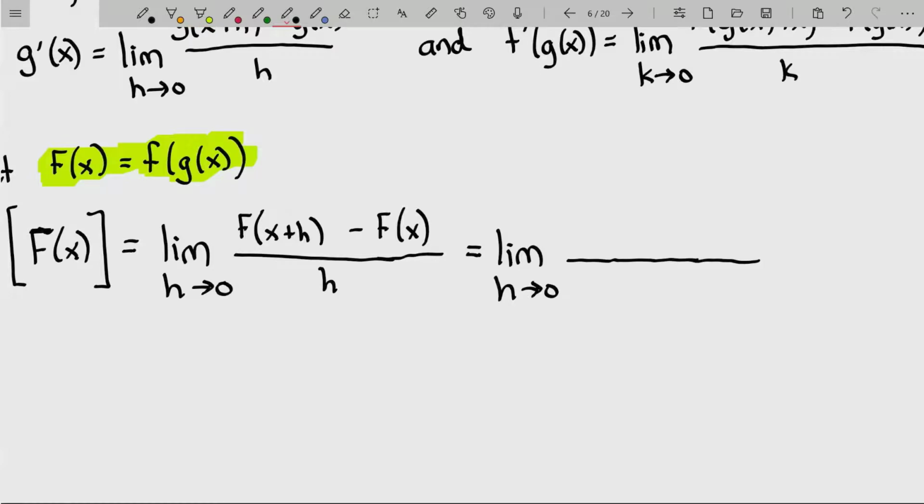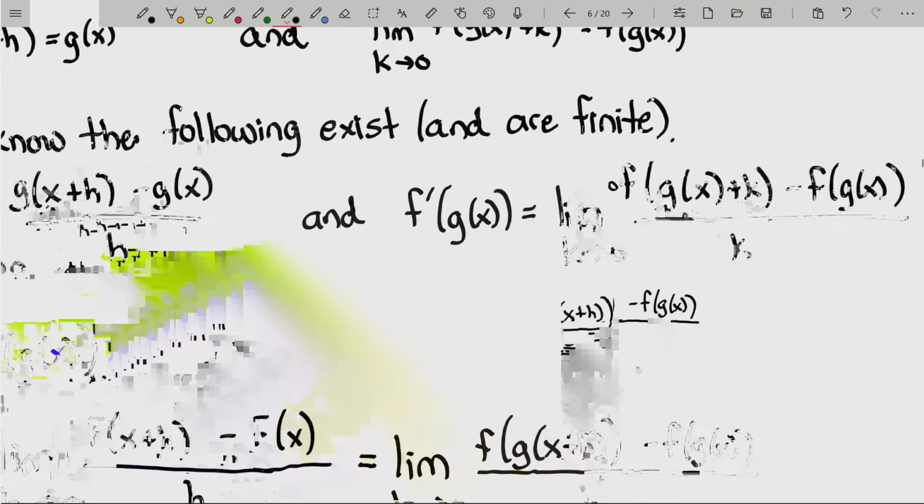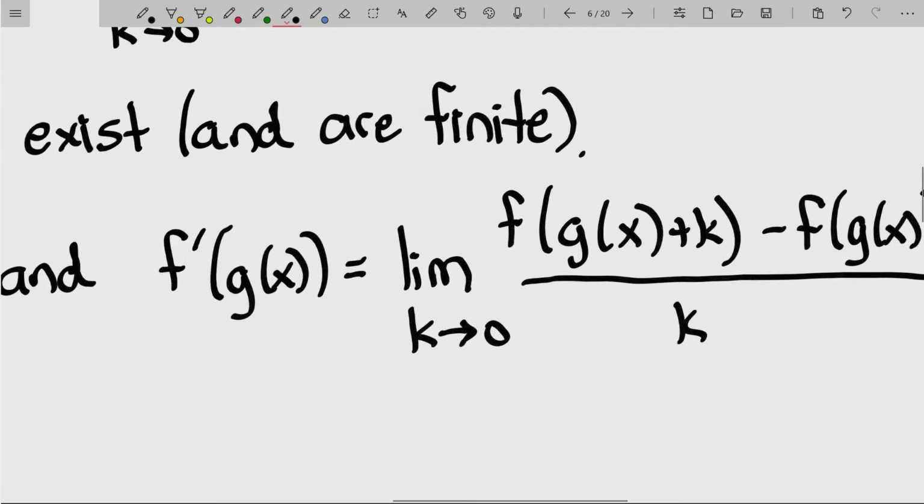We have f of g of x plus h. And then we also have minus f of g of x. The reason why I wanted to do that little stopover was because I made a statement a little while ago that the derivative of a function is defined to be the limit as k goes to 0 in this case of its argument plus whatever variable is tending to 0. And that is true.